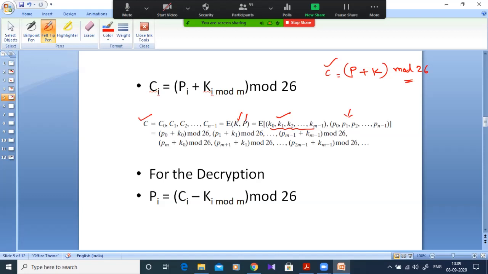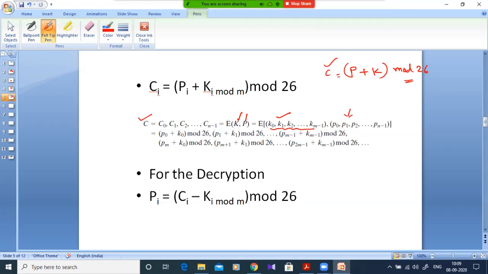Now, we will understand this concept clearly. See here, if I take one example, first we have to know what the key is. Suppose the key is NETWORK. I will do a different example later. Now, we know from the Caesar cipher, for A to Z we have given numbers, A is 0, B is 1, and so on, Z is 25.